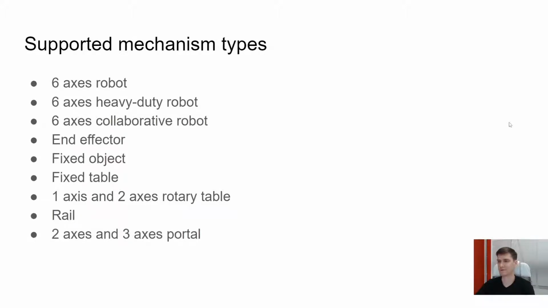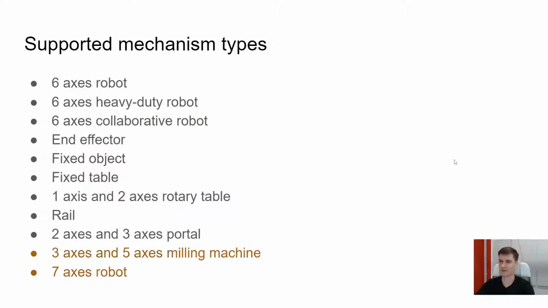Now MachineMaker supports 6-axis robots, heavy-duty robots, cobots, end effectors, fixed objects, tables, 1 and 2-axis rotary tables, rails, and 2 and 3-axis portals. Now we are working on 3 and 5-axis milling machines and 7-axis robots.